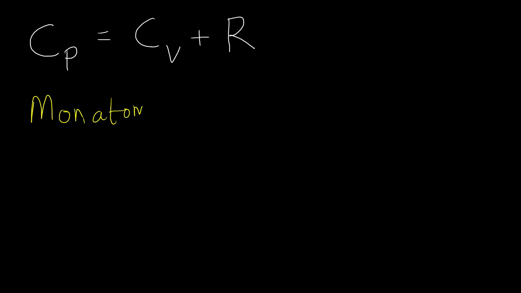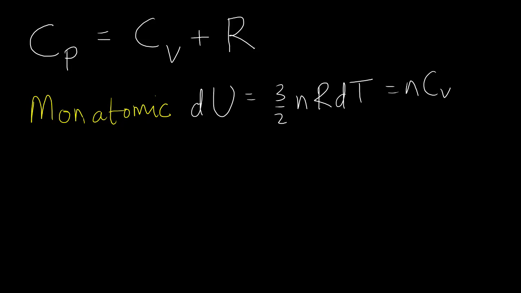Recall that a monatomic ideal gas has U equals 3/2 nRT. So dU equals 3/2 nR dT, which is equal to nCV dT.